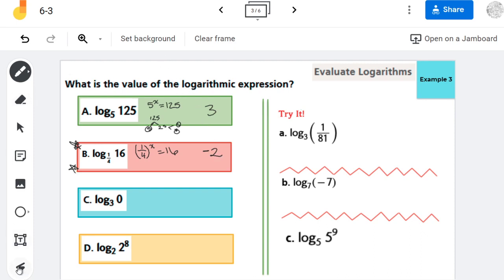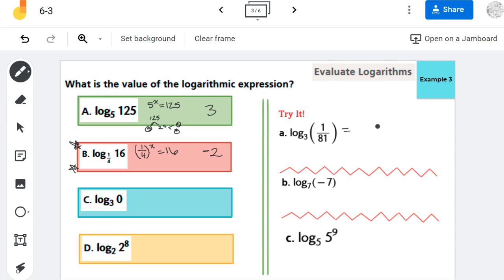So if ever you see a mix between a fraction and a whole number, you know you're probably going to have a negative exponent. So I'm going to jump over to the try it real quick just so that I could show you that this is true in the other case.